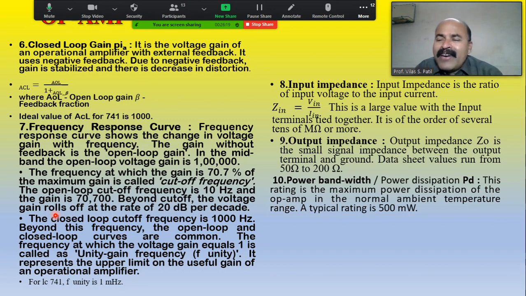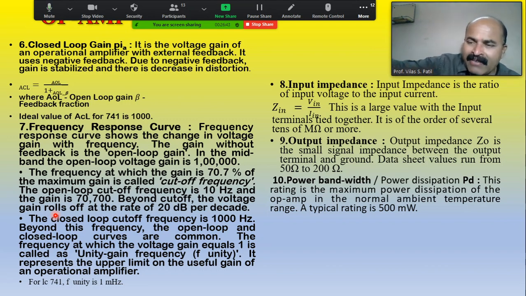It is the power dissipation of the op-amp at normal ambient temperature. The power dissipated at normal temperature is called power dissipation, and typically, friends, it is 500 milliwatt.